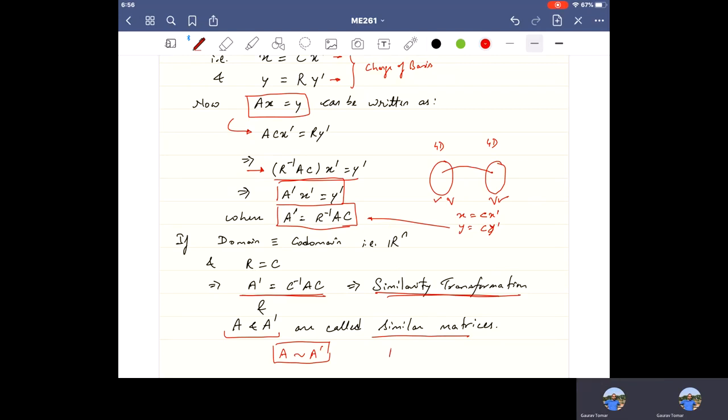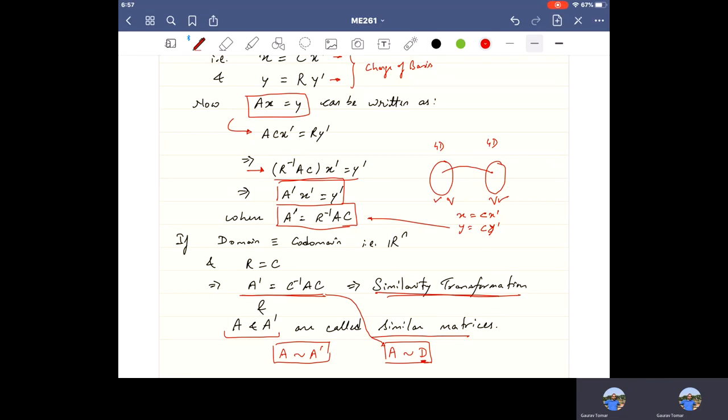In some places you will find a matrix A written as similar to a diagonal matrix. That means that by doing this transformation you could reduce A to a diagonal matrix. These are called diagonalizable matrices, which we'll talk about later. So the matrix A can be similar to a diagonal matrix, meaning only the diagonal entries are non-zero and the other entries are zero.